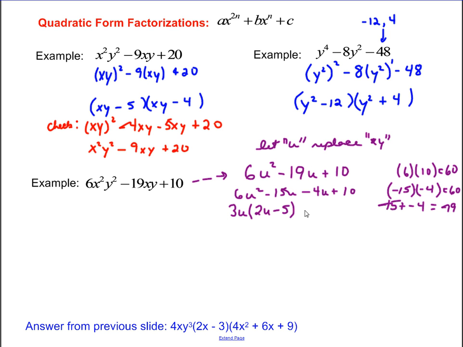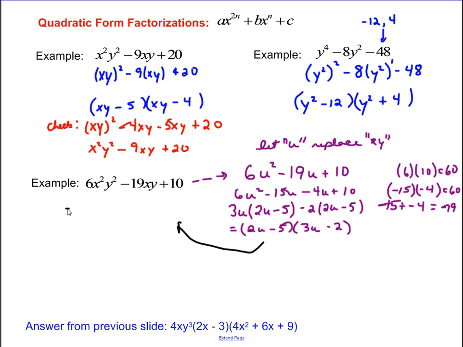And from the last pair of terms, if we factored out negative 2, that would leave us with 2u minus 5. Remember, negative 2 times negative 5 gives us plus 10. So this is going to factor as 2u minus 5 times 3u minus 2.